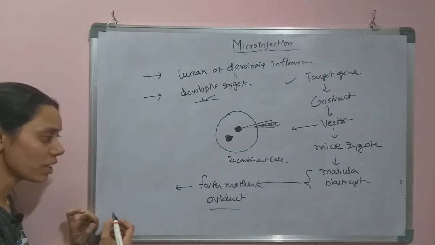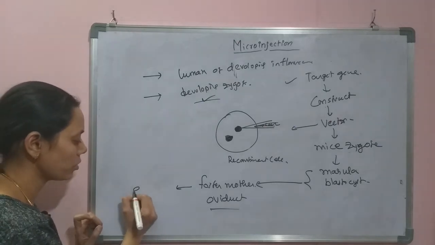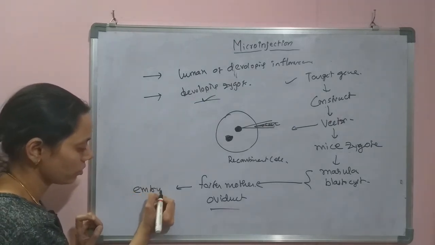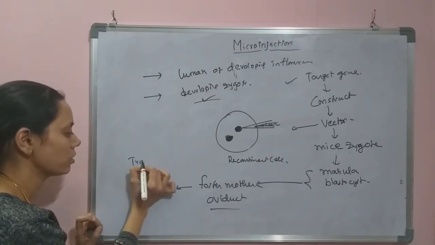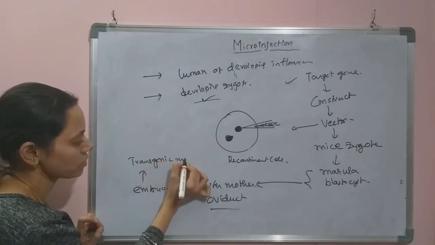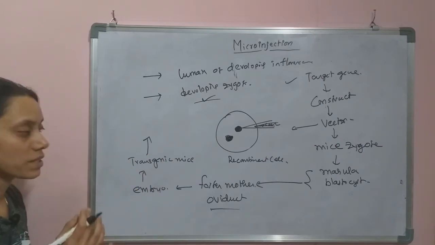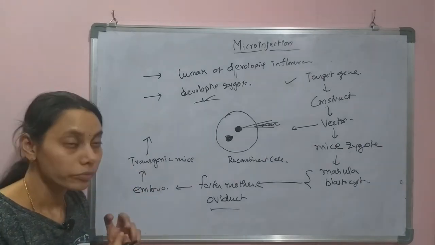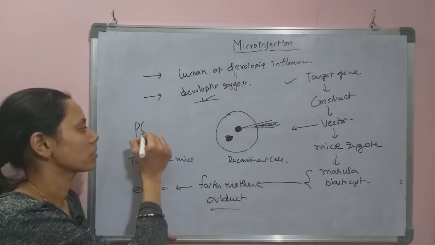Inside its oviduct, the embryo will be developed, and that will eventually develop into a transgenic mice or founder mice. And this transgenic mice basically will be tested for the presence of the target gene using PCR techniques.